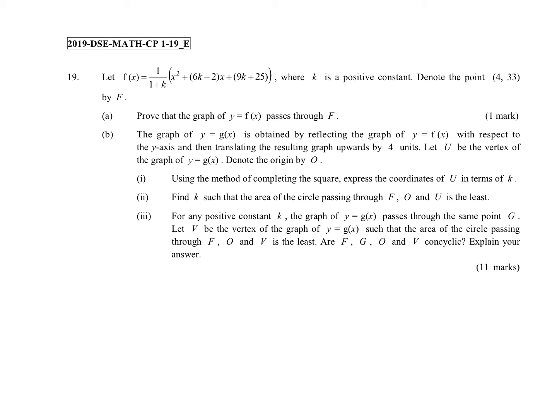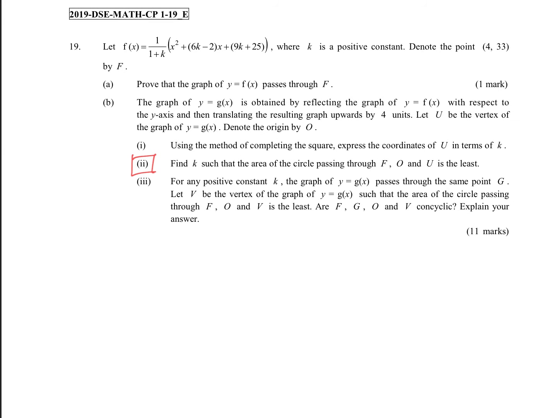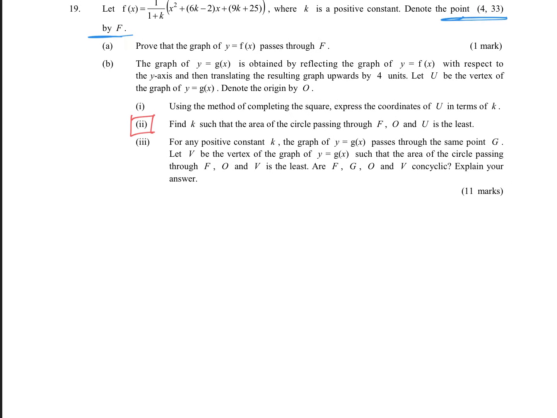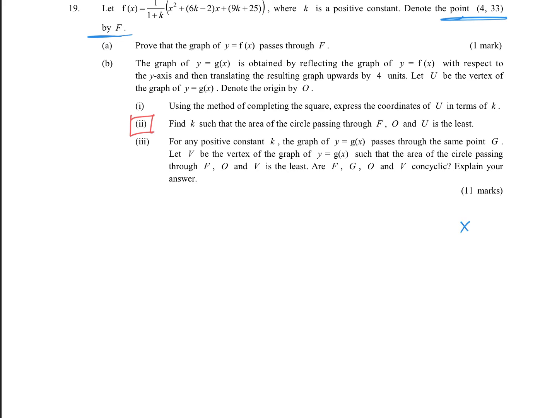And then for B2, find k such that the circle passing through F, O, and U is the least. So first of all, we need a diagram. So F, which is (4, 33), will be somewhere here. And then we have O, which will be (0, 0), of course.